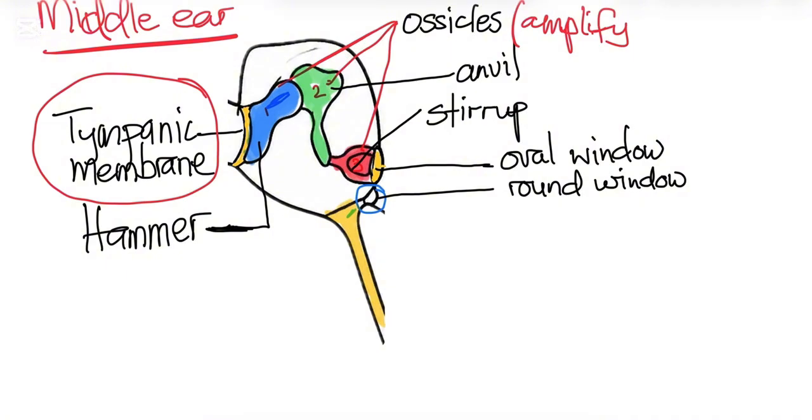It is connected to the throat, so it actually drains some substances from the ear into the throat, and this part is called the eustachian tube.